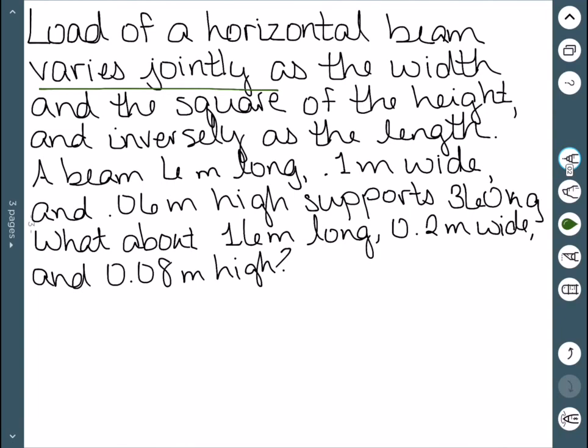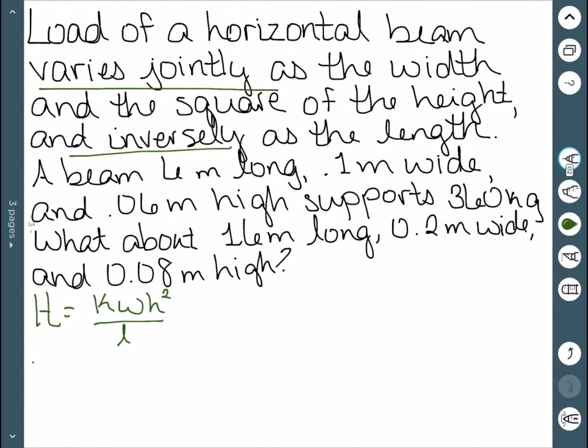So for load, I'm going to want to use L for something else, so we'll use H. Jointly means I'm going to multiply the width and the square of the height. Inversely means I'm going to divide by the length, which is what I want to use L for here.